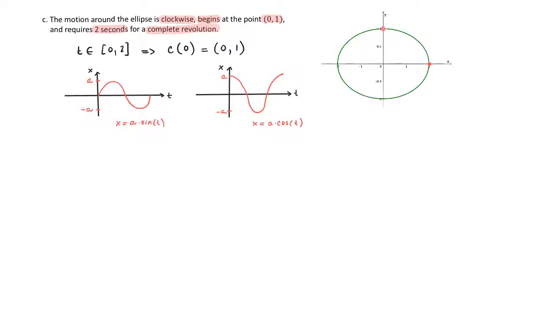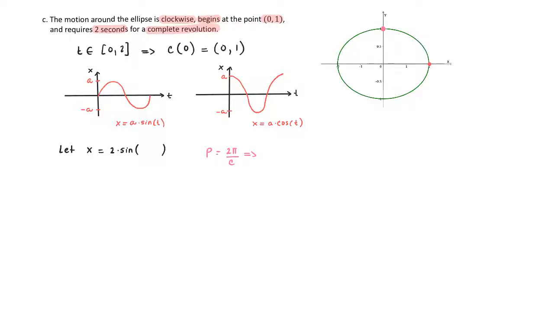So then, what we are going to do is to let x equals a times the sine of t. In our case, a is 2. I'm going to say 2 times the sine of, but I also need to figure out c because we have changed the period. So let me quickly do that here on the right. I know that the period p is equal to 2 pi divided by c.